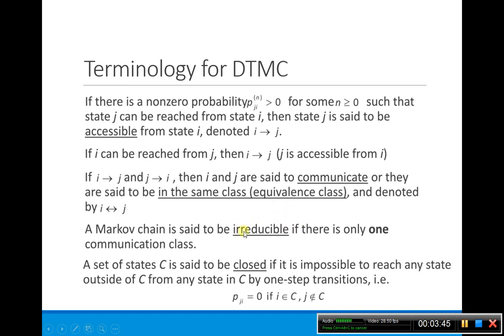Irreducible Markov chains were when there was only one communication class. So basically every single state communicated with every other state. And a set of states is closed if you're in that set and you can't reach any of the states outside of it. You say that your set of states is closed, or your class is closed.